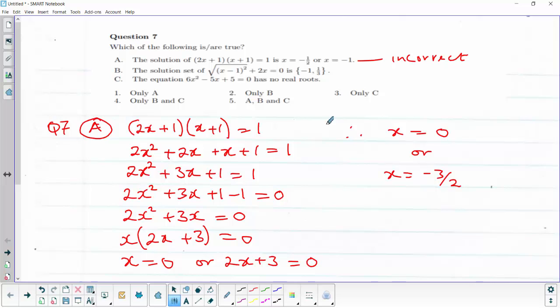This is incorrect. So therefore, let us go for option B, which is the solution set of the square root of x minus 1 all squared plus 2x is equal to 0. That is, the solution is minus 1 and 1 over 3. So let us prove whether it is right or not.